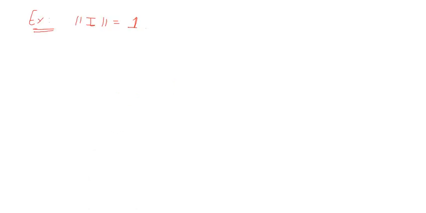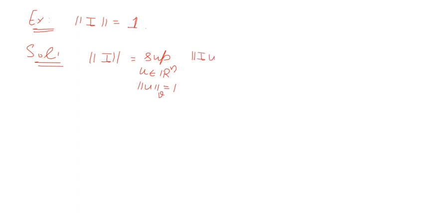Just carefully look at the definition of the norm of I. The subordinate matrix norm is the supremum over u belonging to Rn such that norm of u equals 1, with respect to any norm, of norm of Iu.